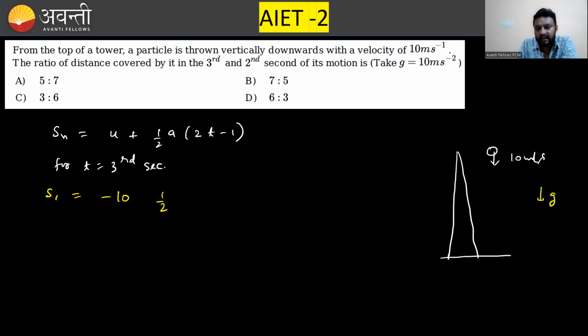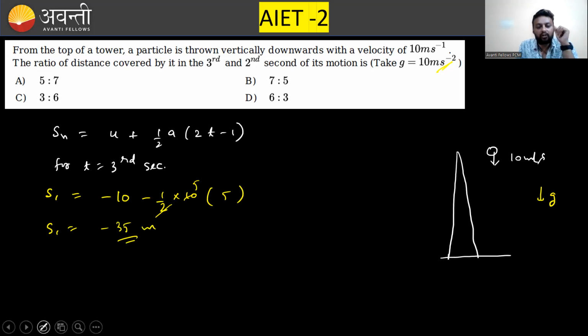And if I take g as 10 meter per second squared, as mentioned, that is minus 10. Put t equals to 3, that is 6 minus 1, that is 5. So what is this distance? S1 is going to be, you can divide it by 5, so that is 25 and 10, 35. That is minus 35 meter. In the third second, it has moved minus 35 meter. Or this is displacement. Distance moved is 35.